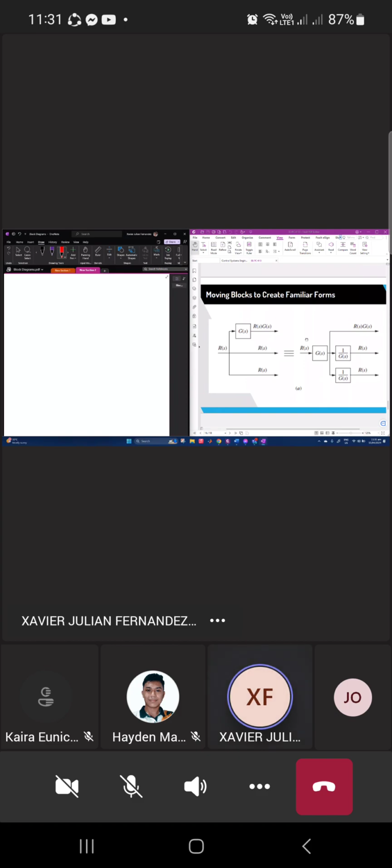Okay. So our pickoff point is at this part, or this node.